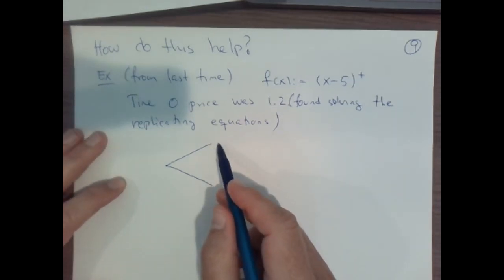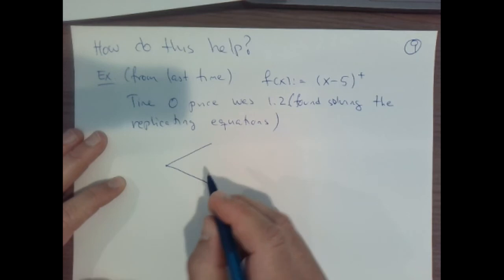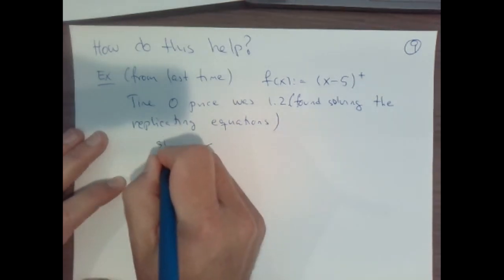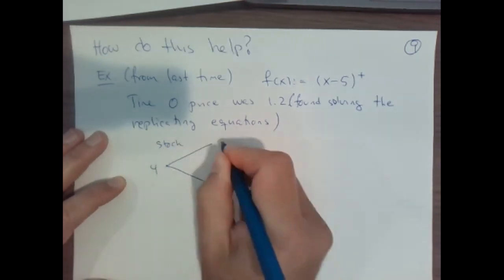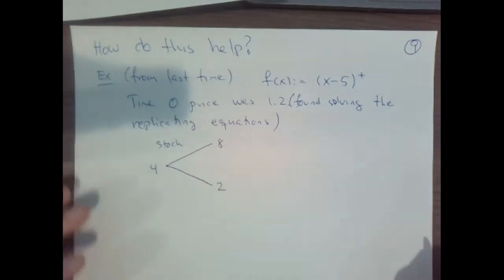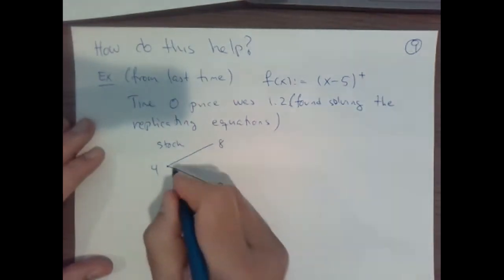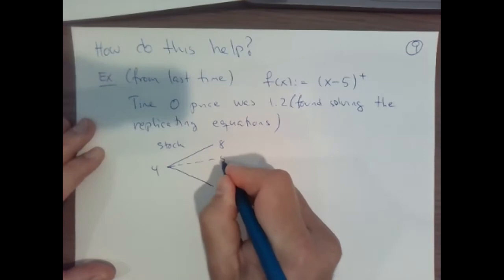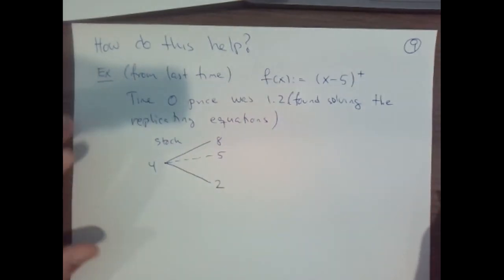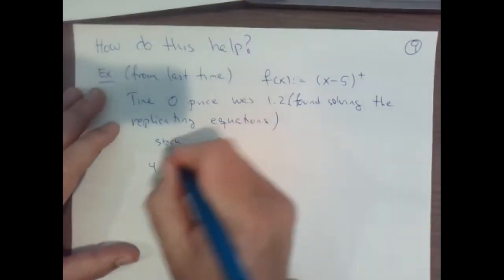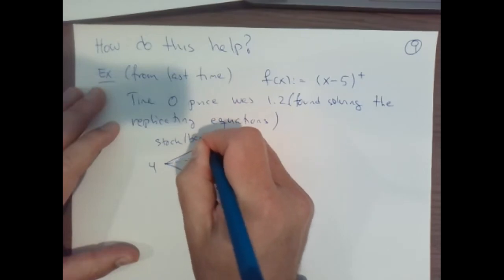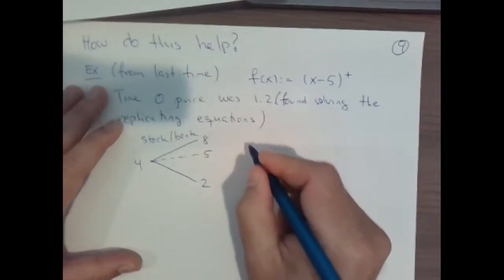This was, trying to remember what the stock was. So we had the stock, I think we had 4, 8, and 2. Yeah, that's how we had it. And then we had the bank sitting inside here, going up to 5. Bank is the dotted line, stock is the solid line. So now we discount.